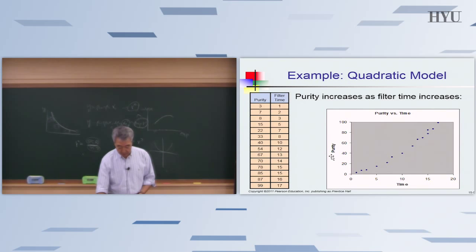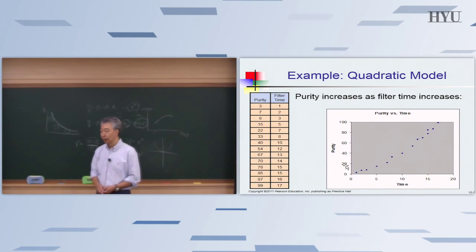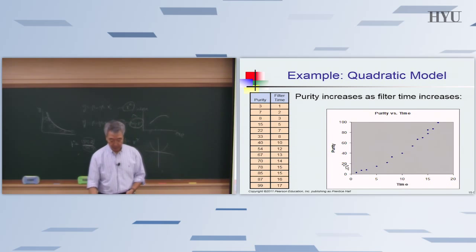And let's say when you look at the scattergram, it's always a good idea to look at the scattergram before you run the regression, and you see this kind of relationship. So the question is, is this a linear or nonlinear relationship? It's hard to tell by just looking at it.